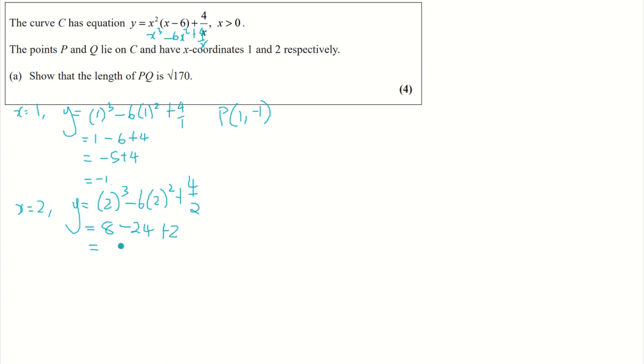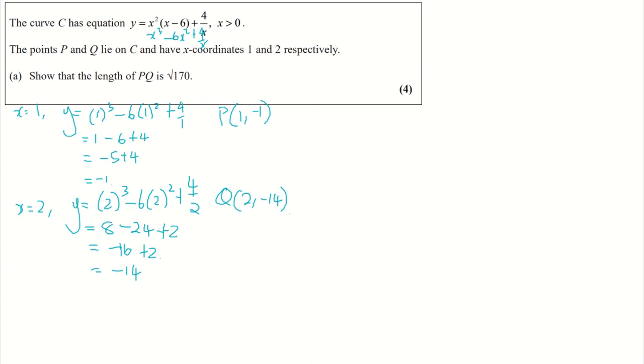So 8 minus 24 is minus 16, plus 2, and that is minus 14. So Q is (2, minus 14). Okay, we got that. Now show that the length of PQ is root 170.